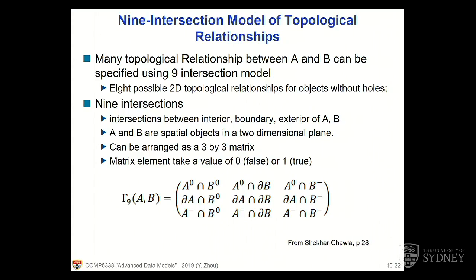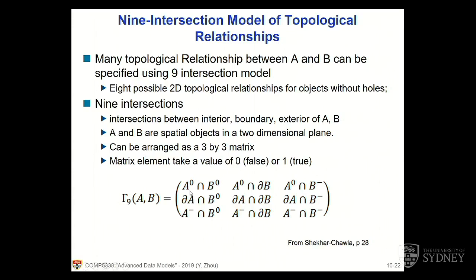So if we know all the values of this, we can work out what is the topological relationship between A and B. Here we assume it's in a 2D space. In the 3D one, it will be quite different. So this can be arranged in a 3x3 matrix.